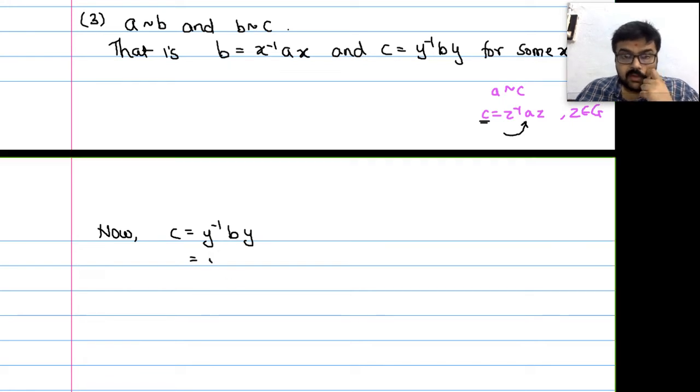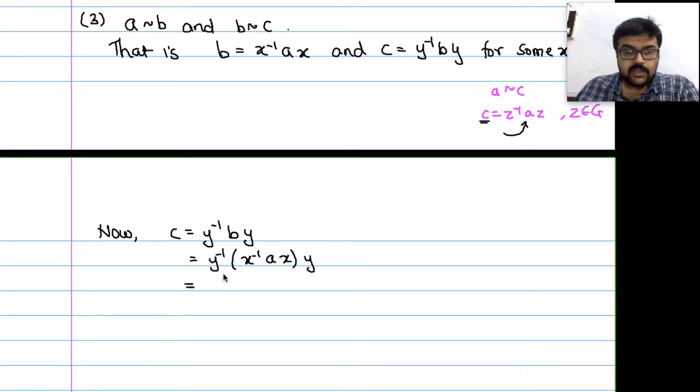So we have y inverse, and B we can write as x inverse A x and then y. So we have y inverse x inverse, and these two I am writing directly as xy inverse A and then xy. Is it clear? So this y inverse x inverse I have written like this, xy inverse, and then here this xy is our z.